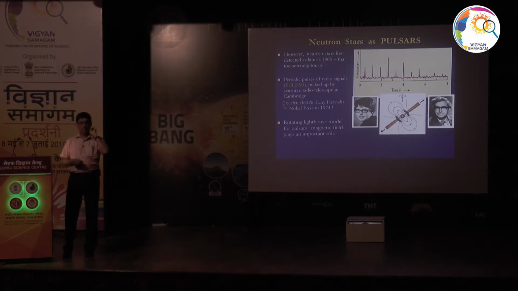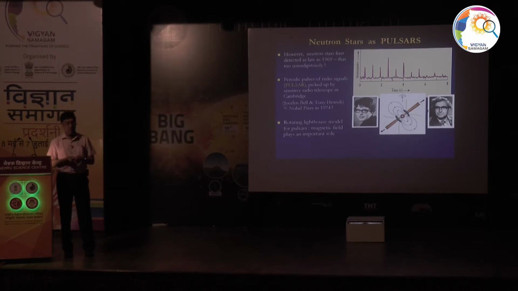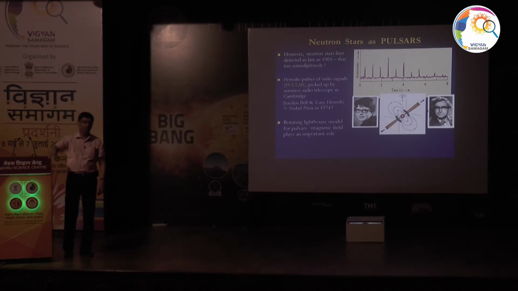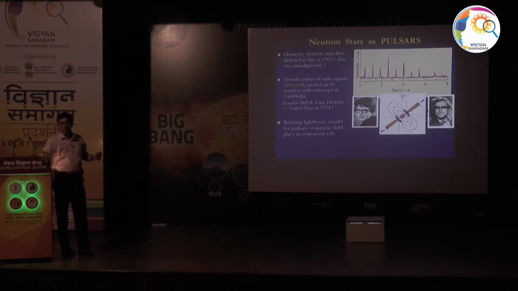So if you are in the line of sight, you will see one flash every time. That's what the ship in the sea sees as the lighthouse goes around. If you are not in that line of sight, for example if you are vertically above the lighthouse, you are unlikely to see that flash because it is just going horizontally. So that was the model.